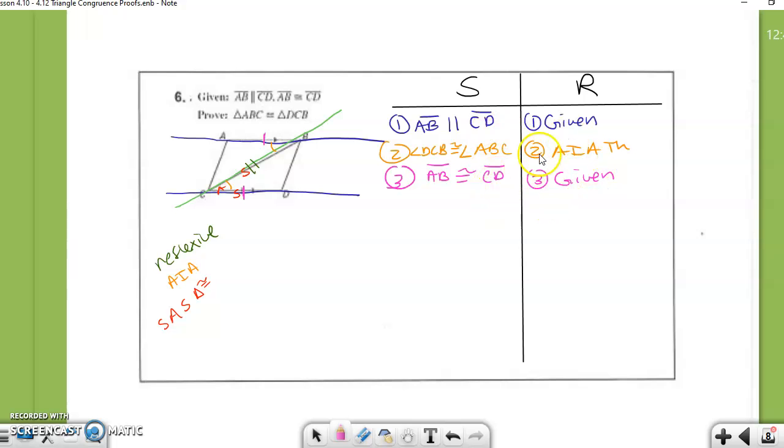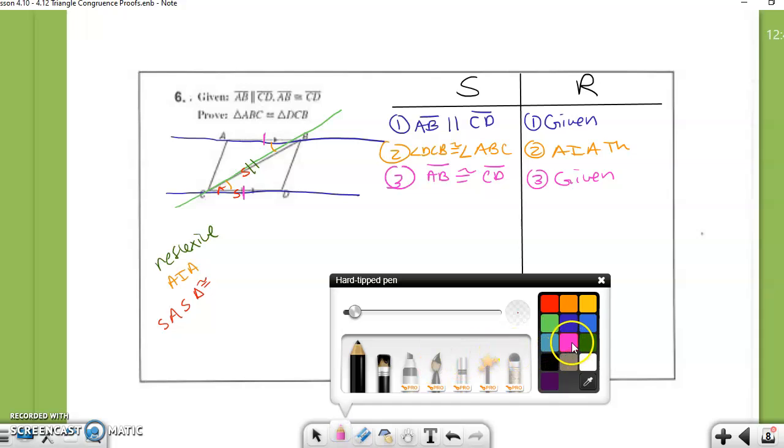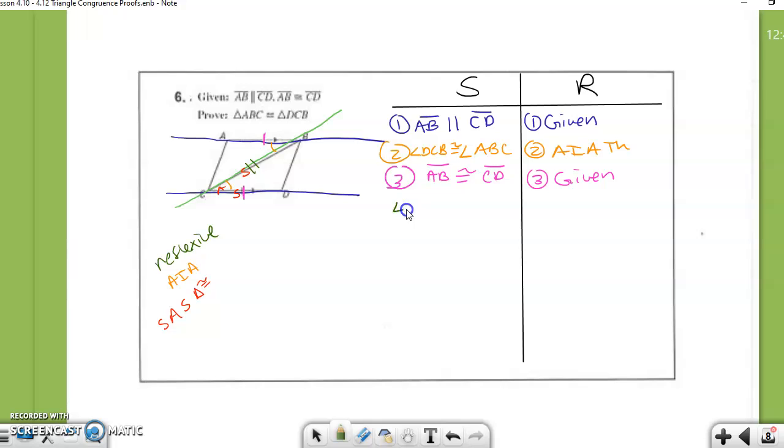Now, the order of this stuff does not have to be exactly in this order. Just try to think about what would be most logical. Then I also added some more notation to say that CB is congruent to BC. And I used the reflexive property of congruency to make that statement.